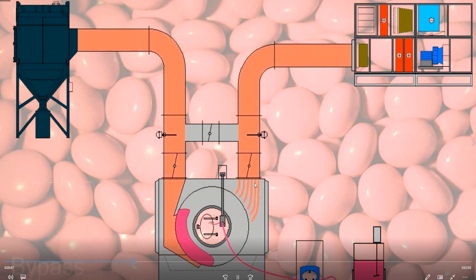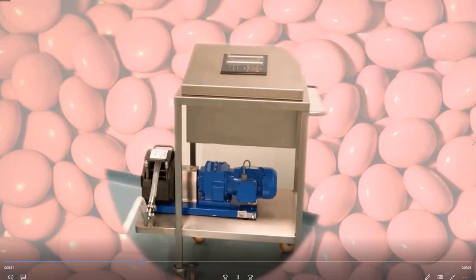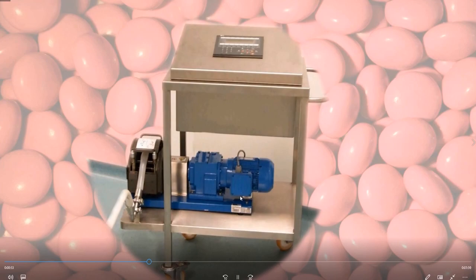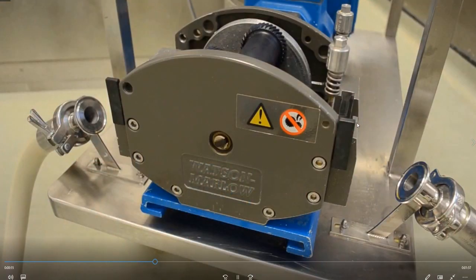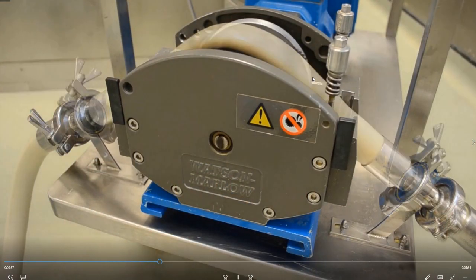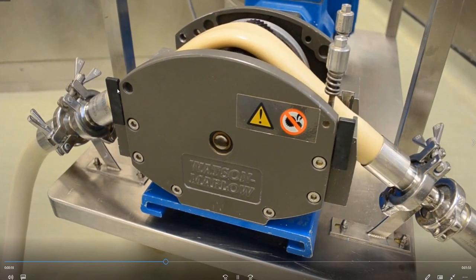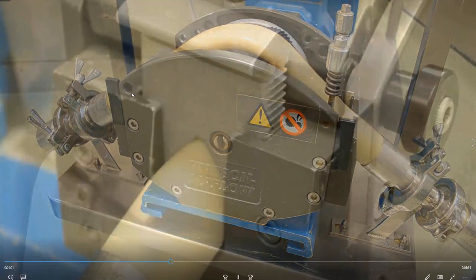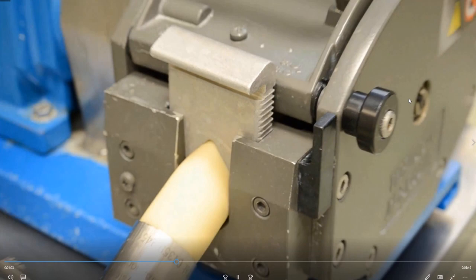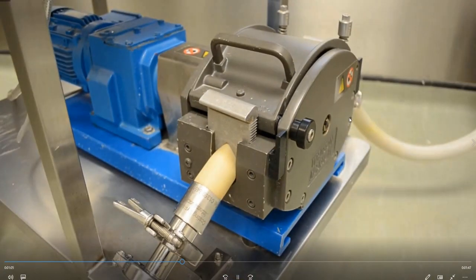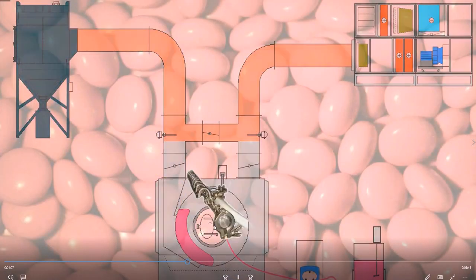Okay, you see here the air getting inside the coating pan. What you see here is the motor that will pump the coating solutions into the pan. Through here you will have the liquid to do the coating.